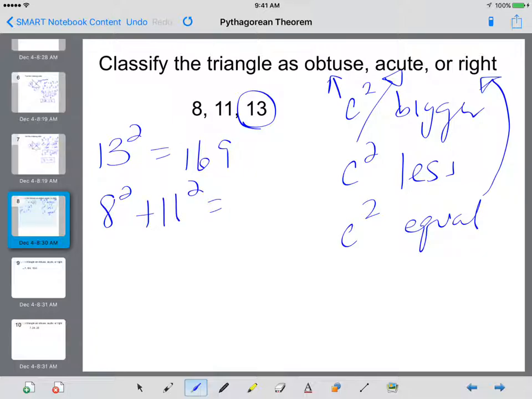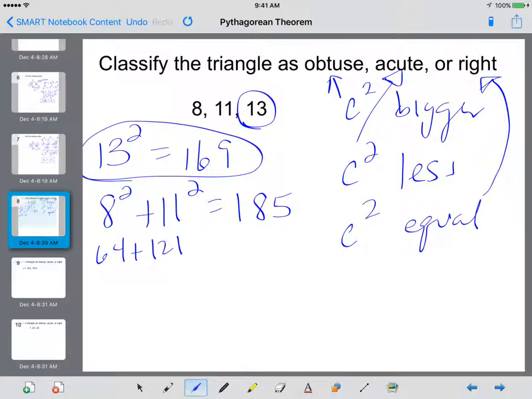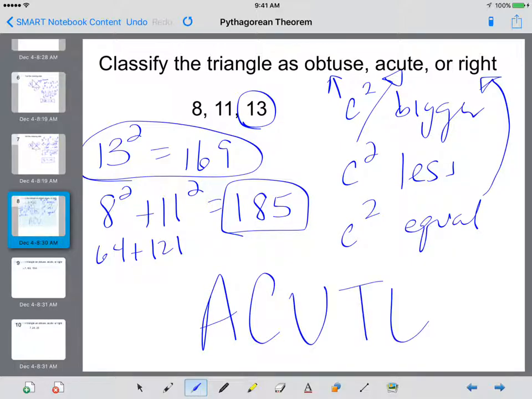So that's 64 plus 121 equals 185. And now I establish, is c squared, well, that's 169, that is less than 185. Therefore, this triangle would be acute.